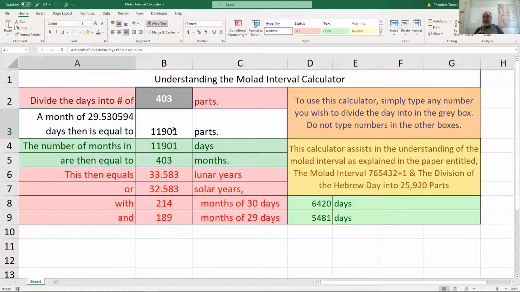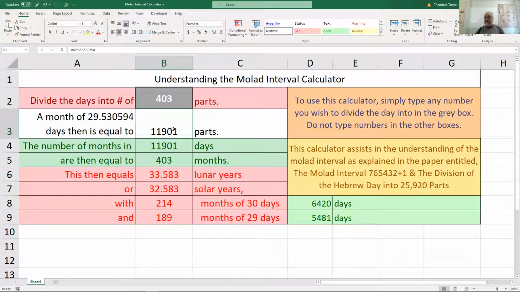Now, this period of time is how long a month would be if we divided the day into 403 parts. Now, we don't do that, but if you did, that's how you would represent how long a day is, or a month is. You would say it's 11,901 of those parts.